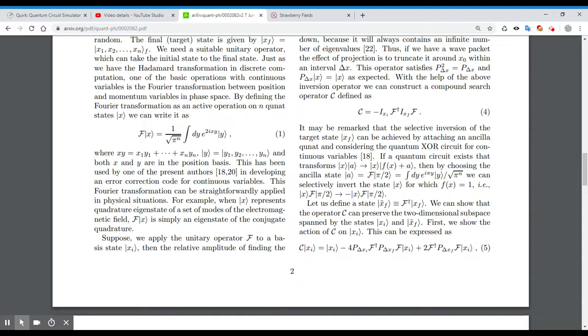If a quantum circuit exists that transforms XA into... okay, then by choosing the ancilla state, we can selectively invert the state X for which f(x) equals 1.